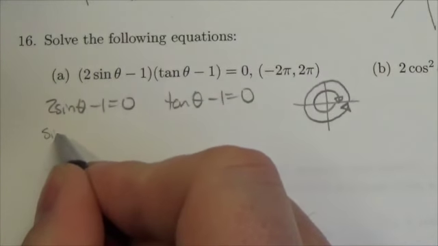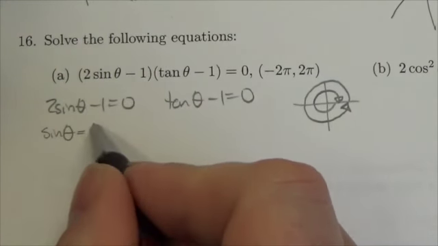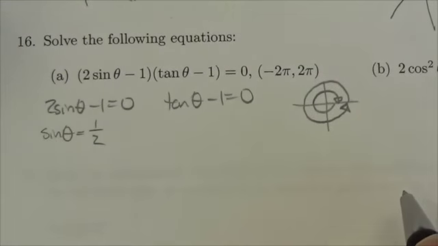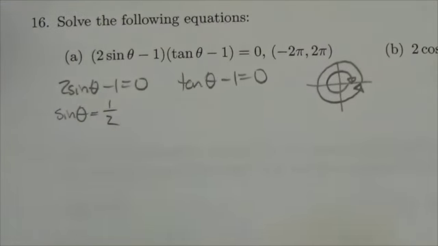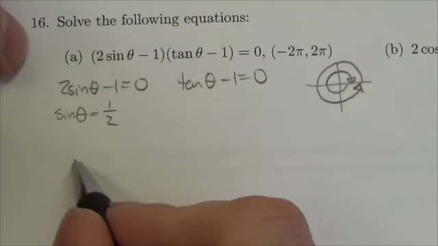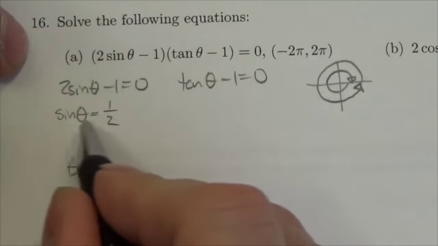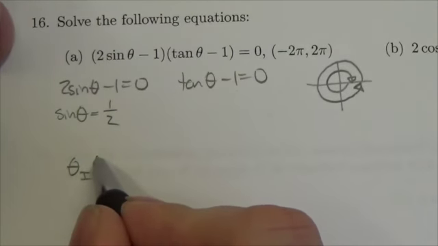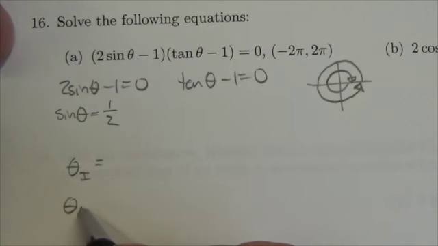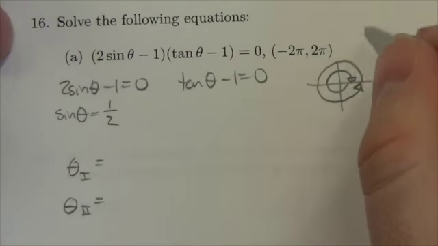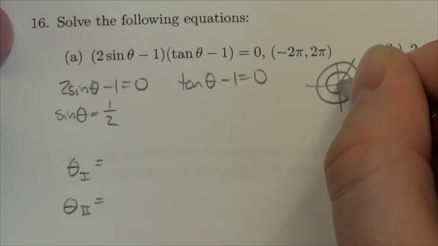Now I go to my equations here, and I can see from here that sine of theta must equal 1/2. I know that sine is positive, and I know that's going to be true in quadrant 1 and in quadrant 2, meaning that I'm going to have an answer here and here.